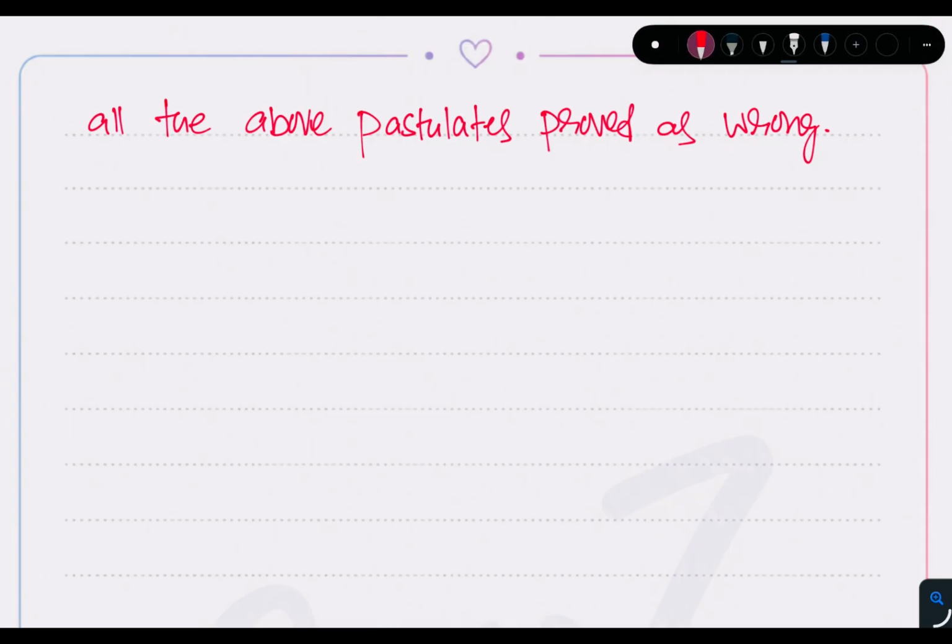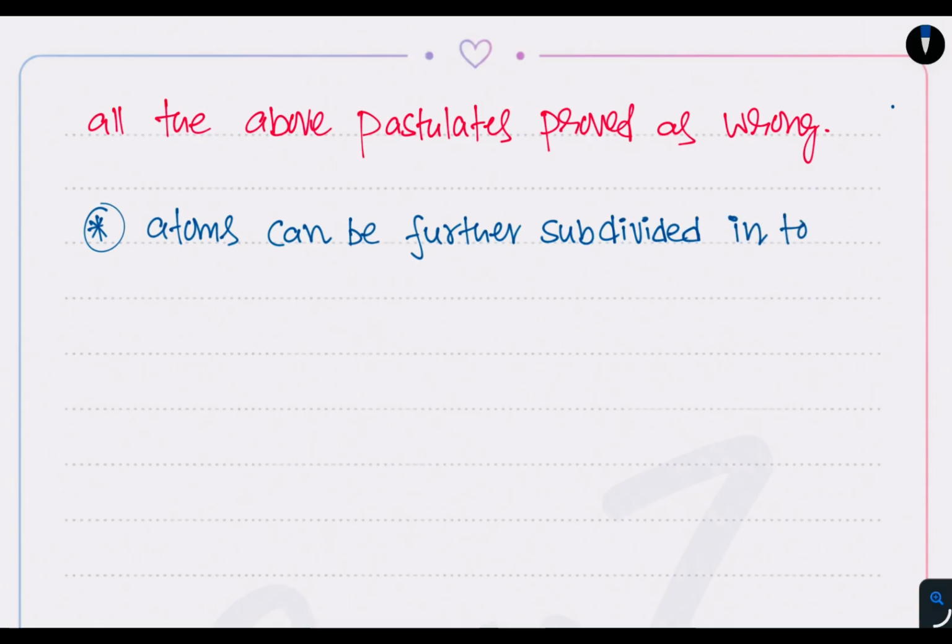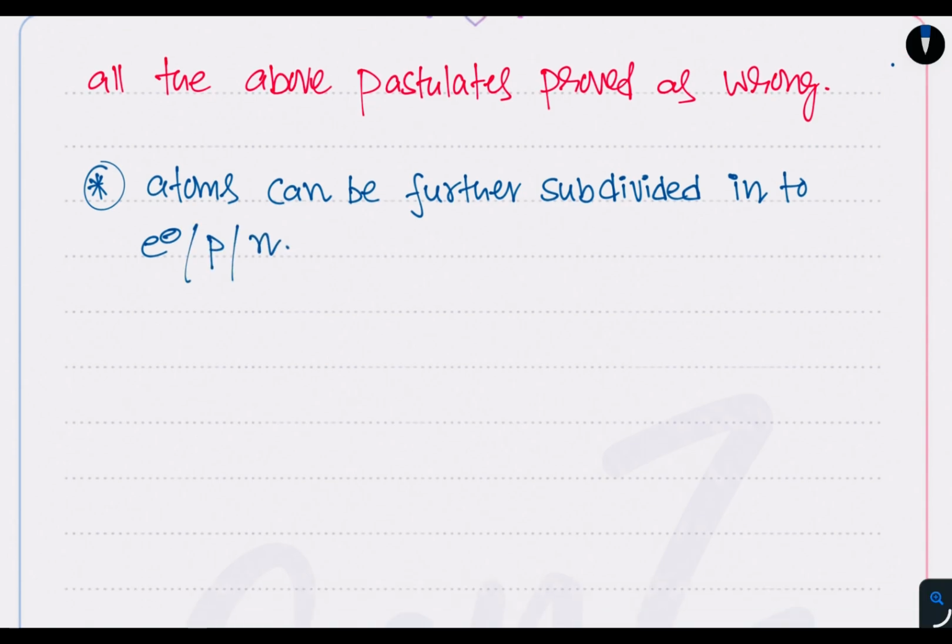The first postulate says that an atom cannot be further subdivided, but an atom can be further subdivided into electrons, protons, and neutrons. So postulate 1 is proved wrong.